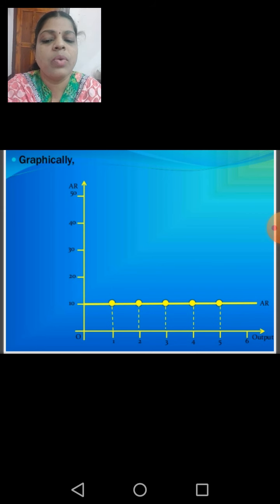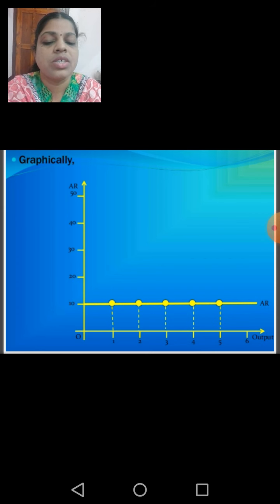Here in the OY axis average revenue is depicted, and in the OX axis the output is depicted. Using the values in the schedule, we have plotted all the values and derived the average revenue curve.